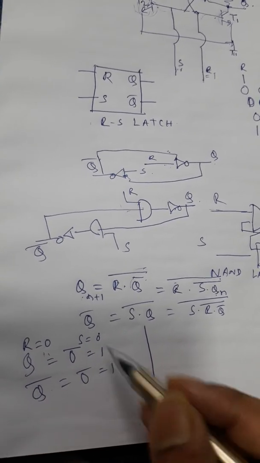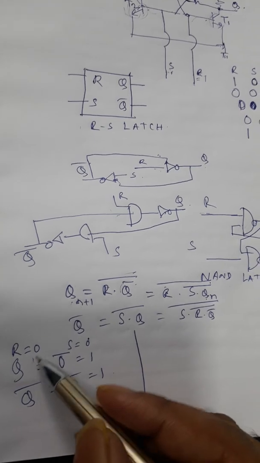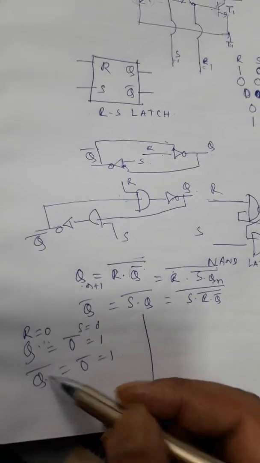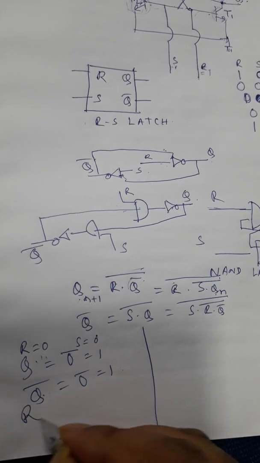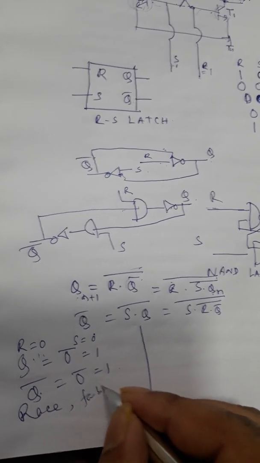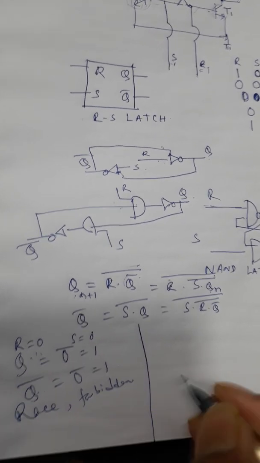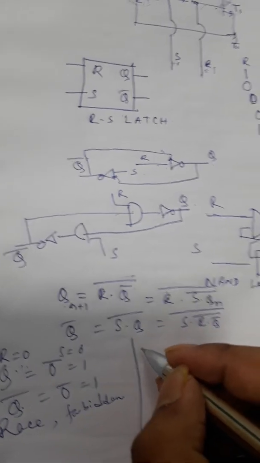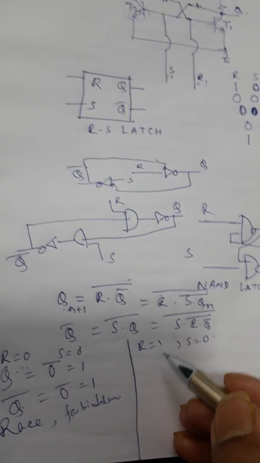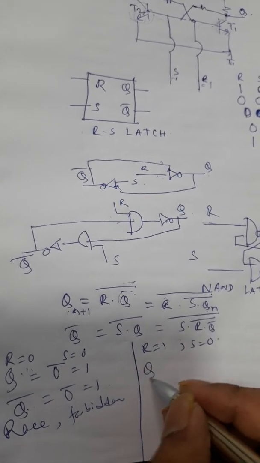When this condition occurs, Q and Q bar are the same, that would be a race condition, and this is a forbidden condition. This is not taken.